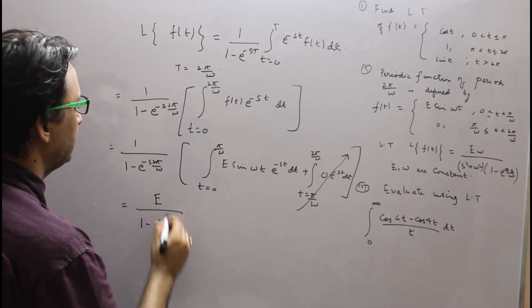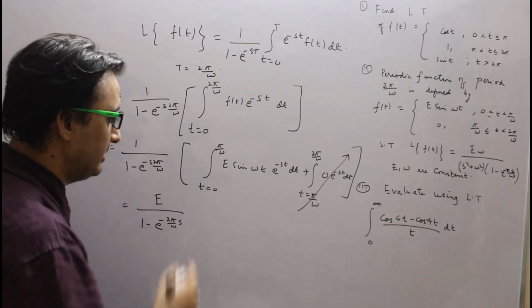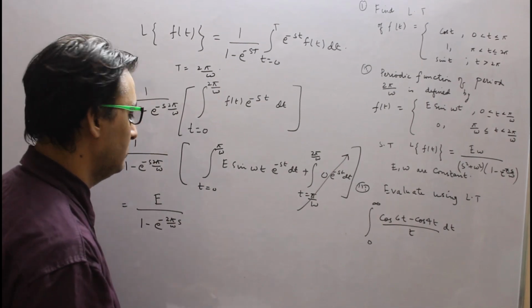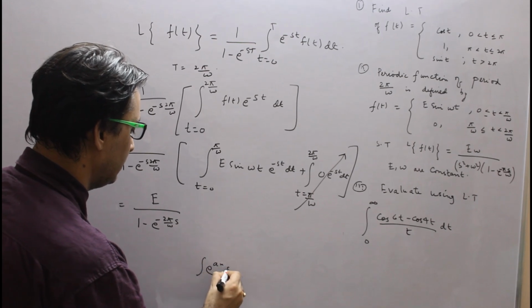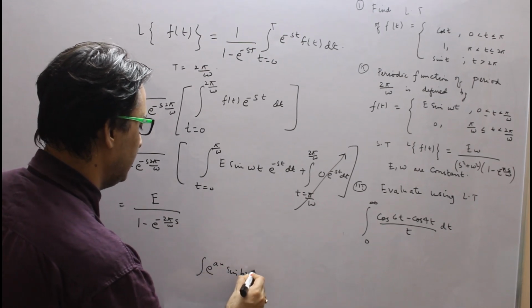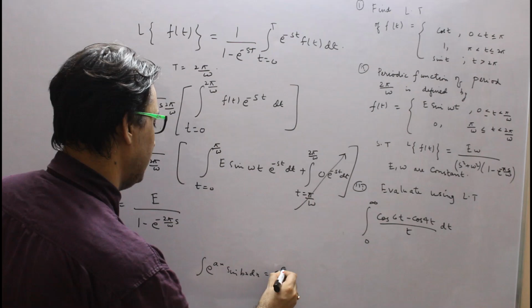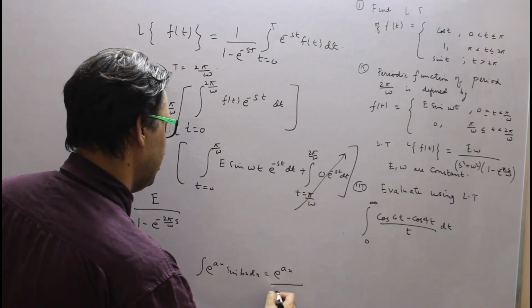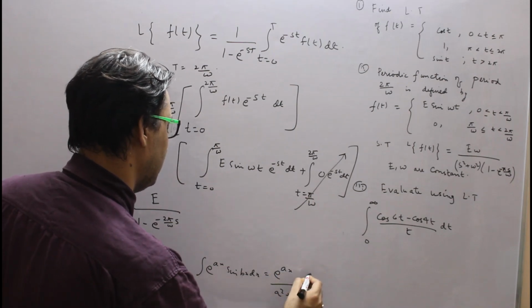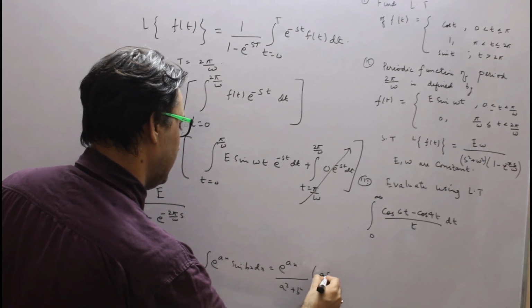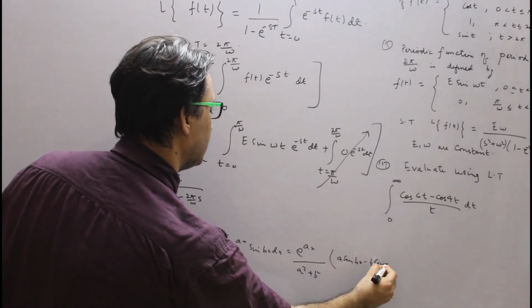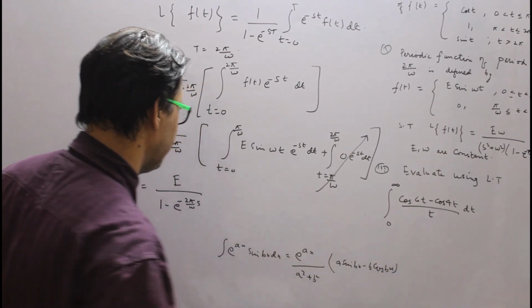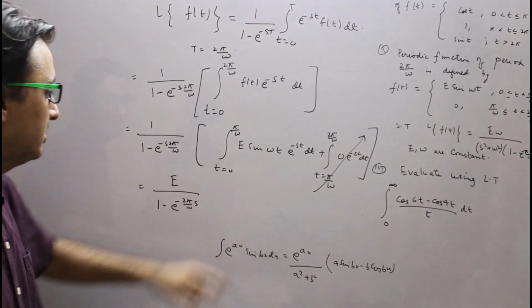You can take e outside and just recall the formula of the integral e to the power ax sin bx dx, that is e to the power ax divided by a square plus b square into a sin bx minus b cos bx. So we will just do the same here.